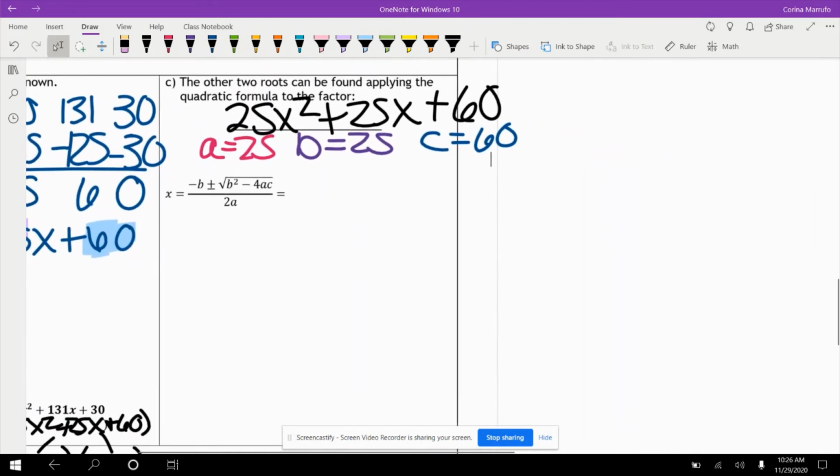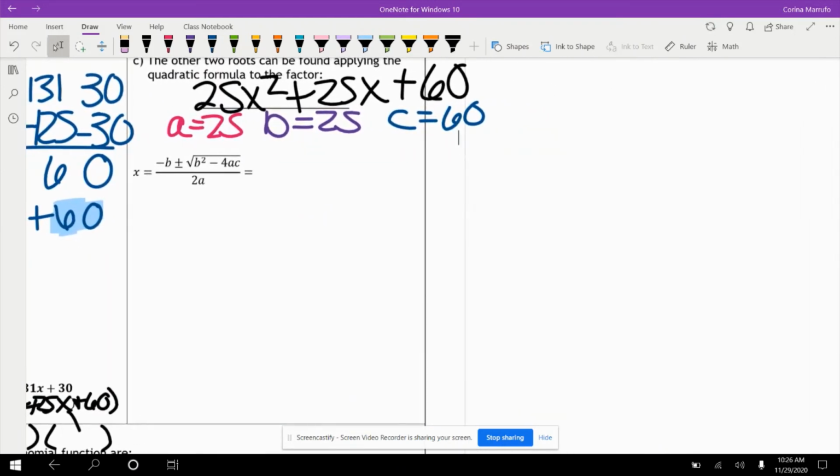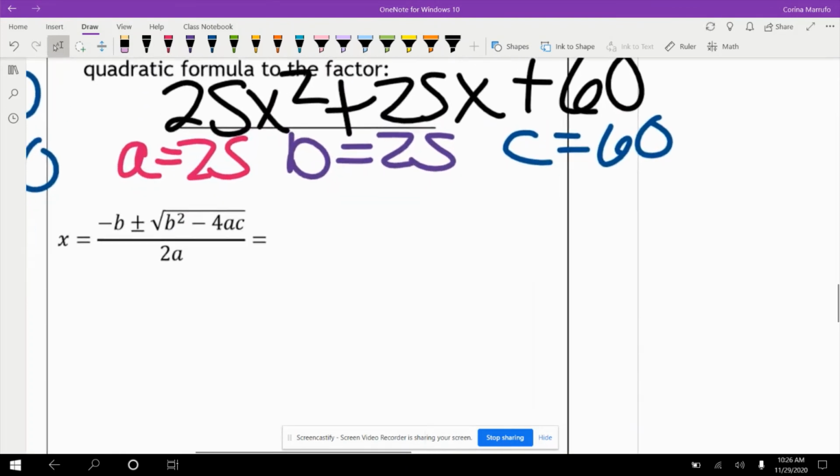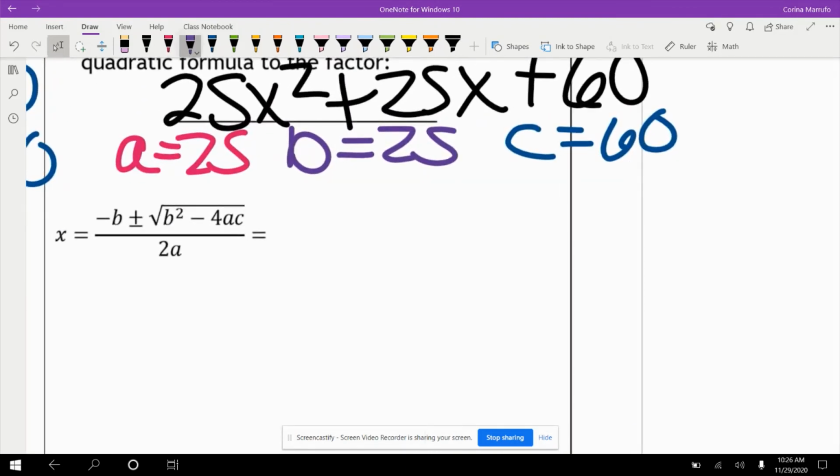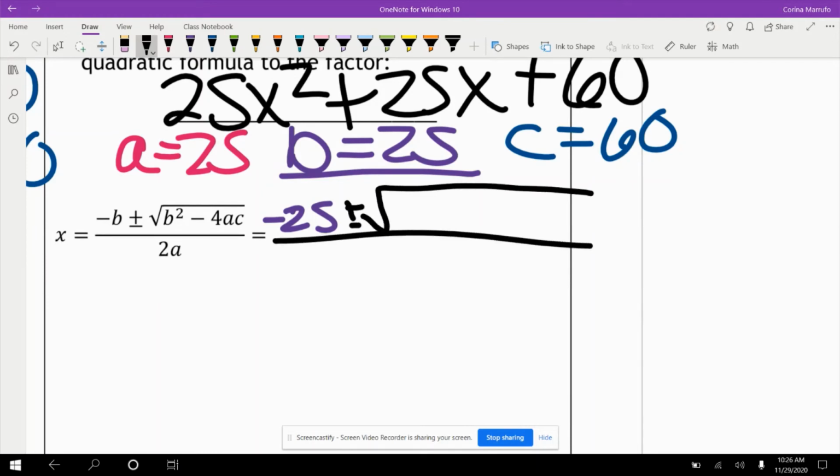So here we have x equals -b plus or minus the square root of b squared minus 4ac all over 2 times a. So we're going to use our quadratic formula. -b will be -25 here. And then plus or minus the square root of b is 25, so 25 squared minus 4 times a is 25, so 4 times 25 times c, which is 6.